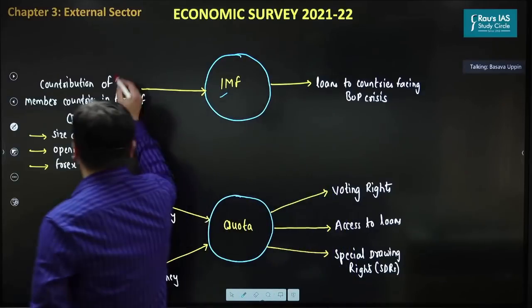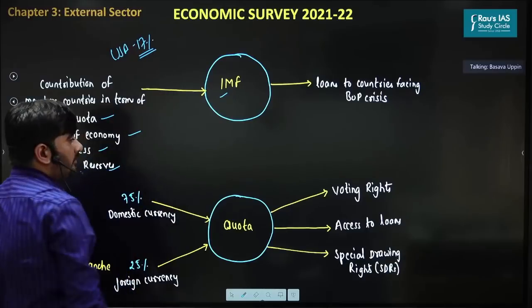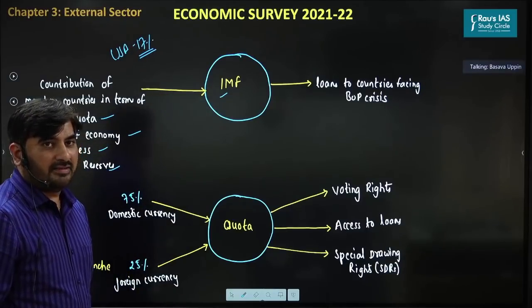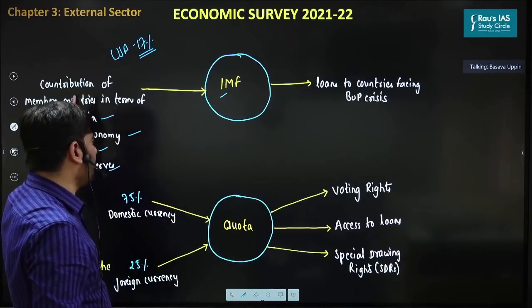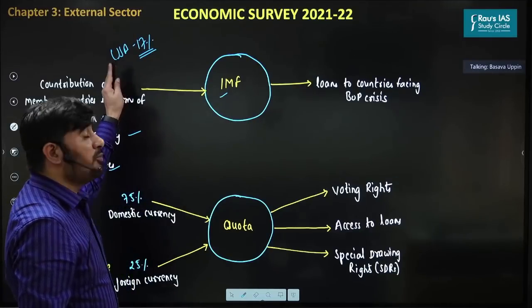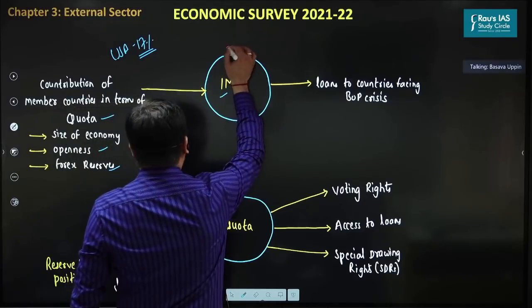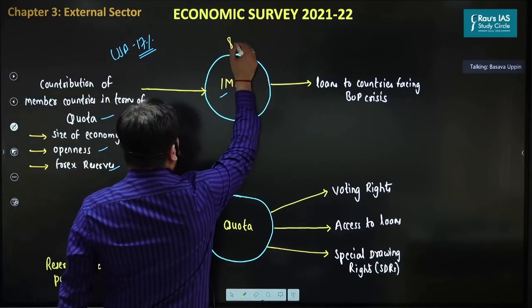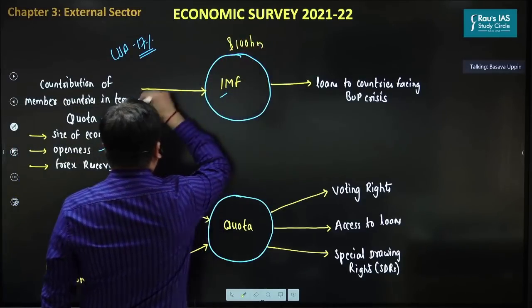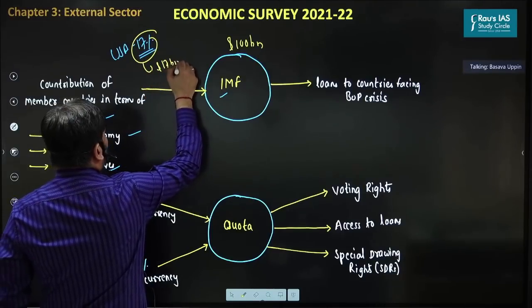For example, USA has a quota of 17%. What this means is, out of the total money mobilized by the IMF from its member countries, the US has contributed 17%. So let's say the IMF has mobilized $100 billion from the member countries, out of which the US would have contributed $17 billion.